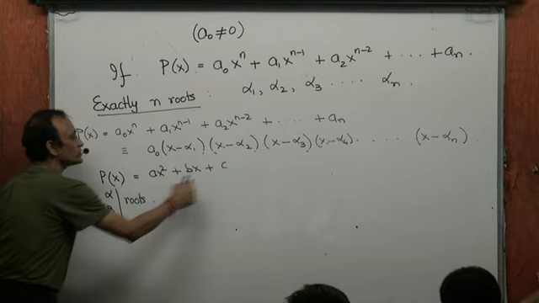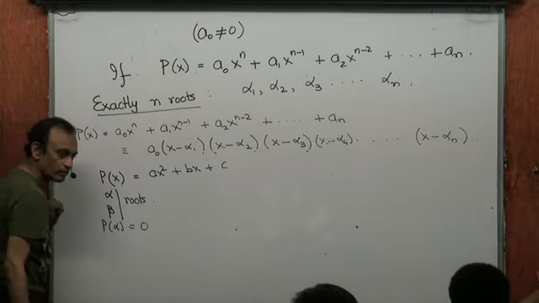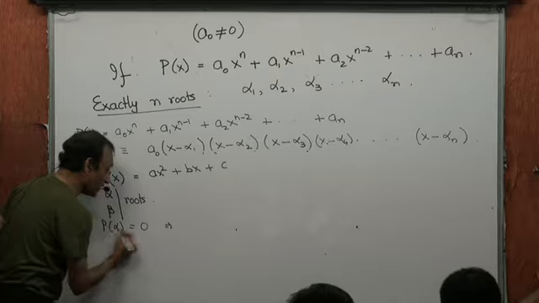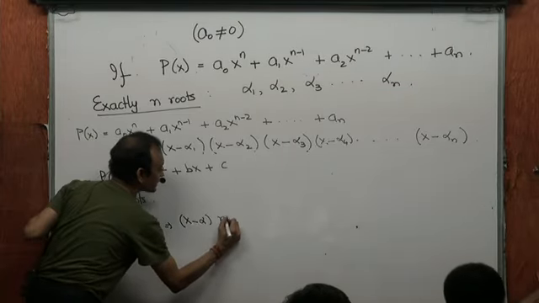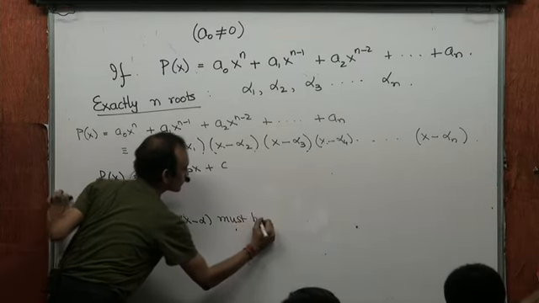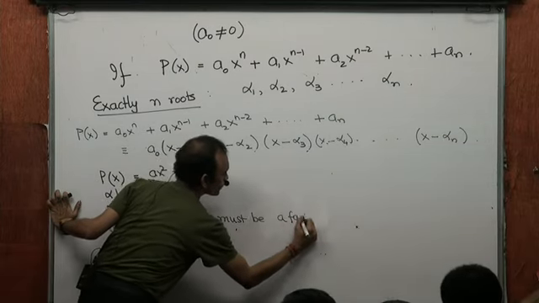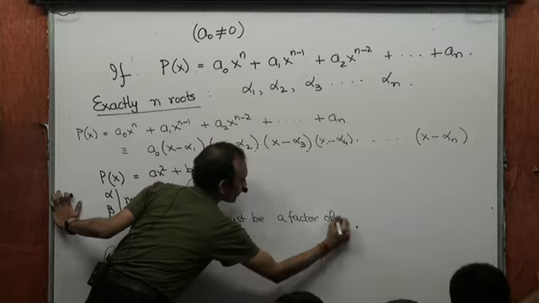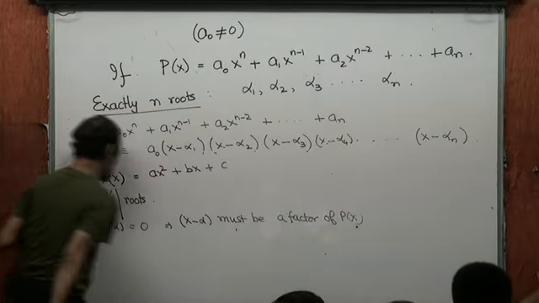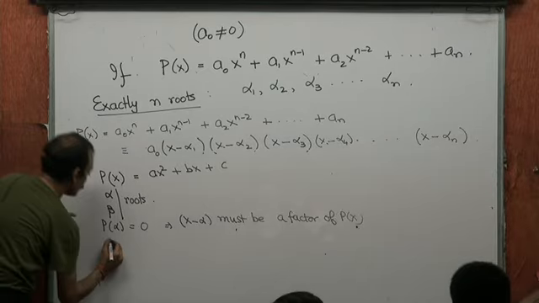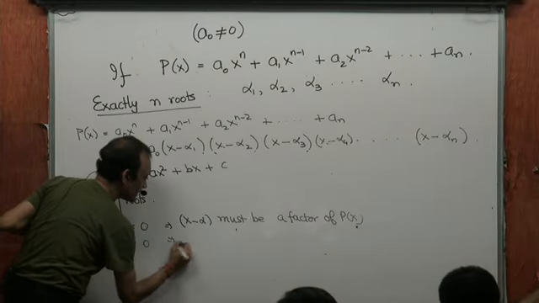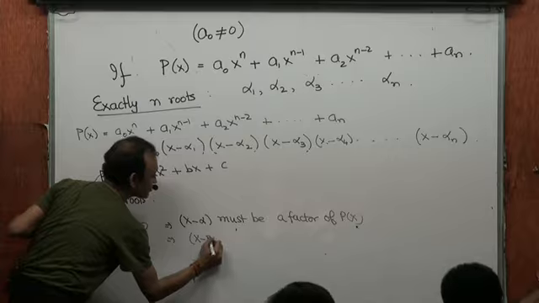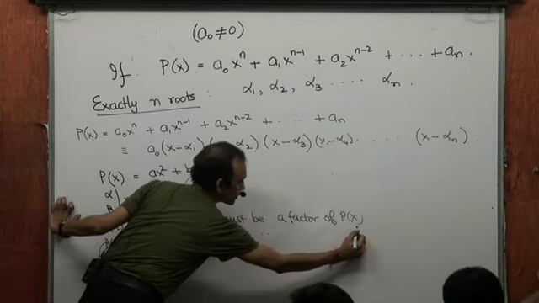The value of this quadratic at x equal to alpha must be 0. That means if p alpha is 0, it means x minus alpha must be a factor of px. Yes or no? If p beta is 0, it means x minus beta must be a factor of px. Yes or no?